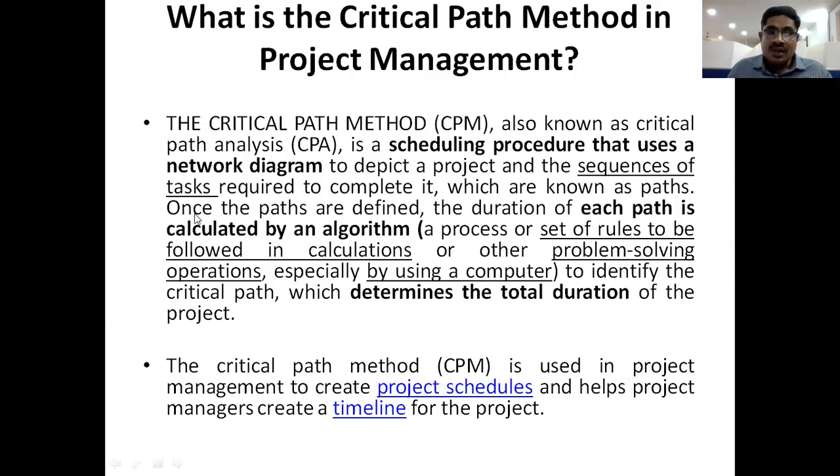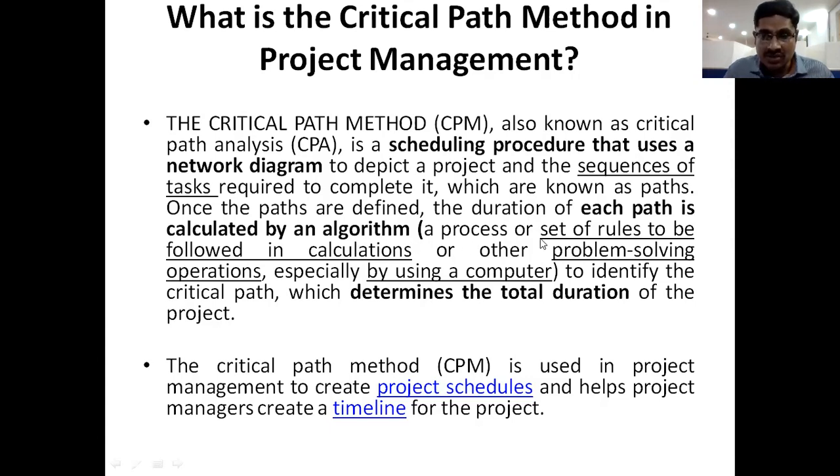Once the paths are defined, the duration of each path is calculated by an algorithm. Each path's timing is calculated by the algorithm. Timing means duration here. So what is meant by algorithm?